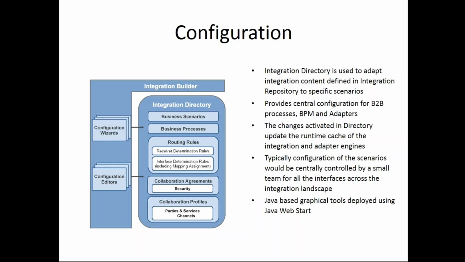So once you have done the designing, you have the sender structure, you have the receiver structure, you have the mapping between the two structures. Then comes the main task of defining which is your sender and which is your receiver. For that configuration you have something called ICO in your PI, the integrated configuration. Anyway, ICO configuration means you are assigning a sender and configuring a sender adapter.